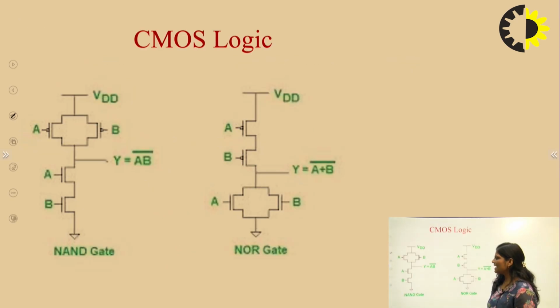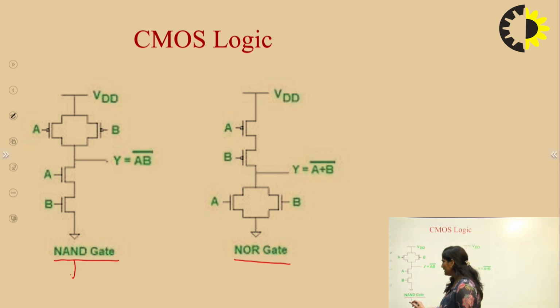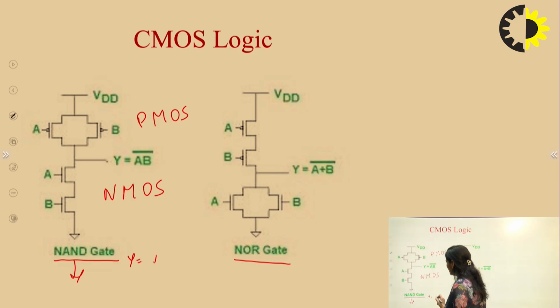So if we have to design a NAND gate using CMOS, and if we have to design NOR gate using CMOS, if we are taking the case of NAND gate, so pull down network is NMOS and pull up network is PMOS. So NAND means Y is equal to (A into B) whole bar.